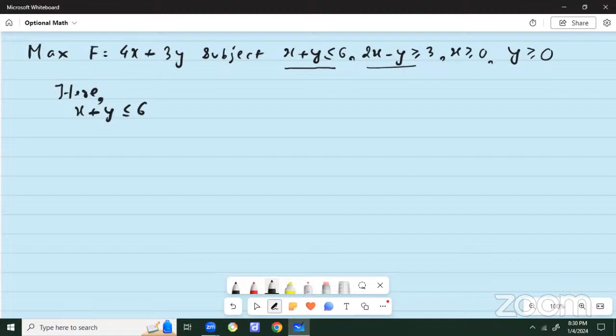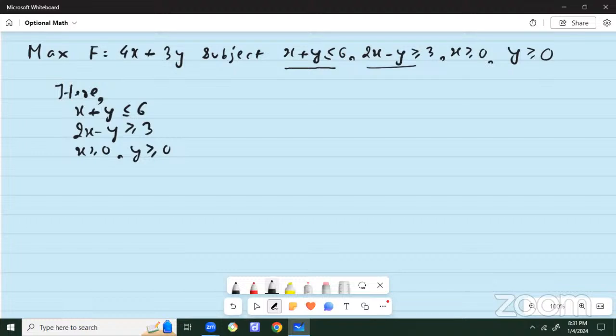Yesterday we talked about the process, the steps, how to draw the graph and find the solution region for the linear inequality. So can anyone recall what we talked about yesterday? About the steps of finding the solution region for the linear inequality. Changing it into equation form. Changing it into equation, right?